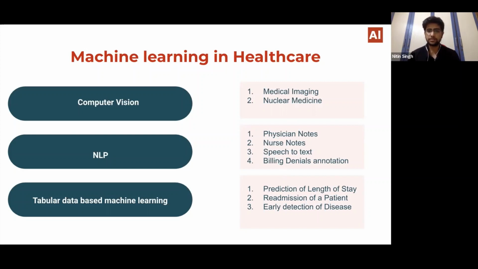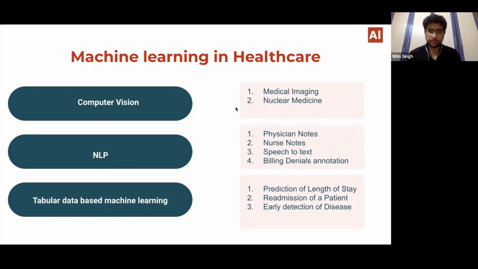Few are just working on the NLP side, with the same use cases here, and a few are working completely on the tabular side as well. I'm trying to tell you about the market, what sort of market these use cases have. I hope you guys are able to understand the importance.